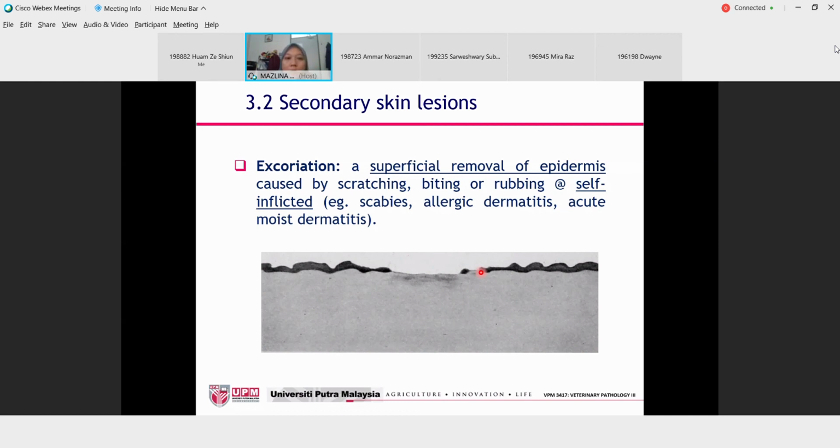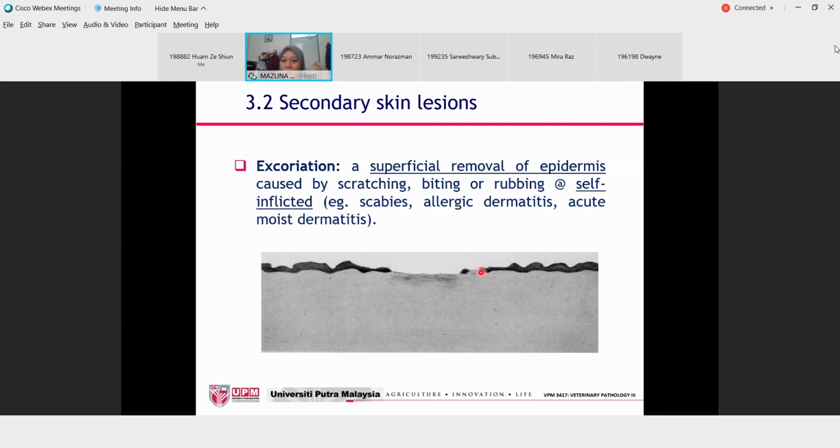Excoriation is basically superficial removal of the epidermis caused by scratching, biting or rubbing, or self-inflicted trauma. Okay, this is a typical finding in scabies, allergic dermatitis, acute moist dermatitis, or even, for example, cats and dogs with otitis. Otitis is basically inflammation of the ears.